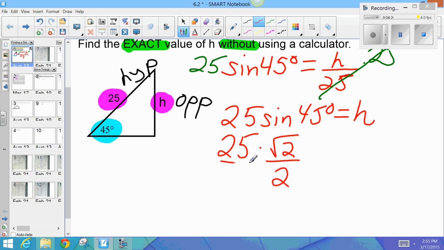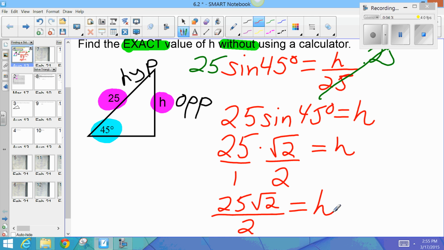That's h. In simplest form, 25 radical 2, this is top times top, bottom times bottom, that's the answer. And if you were to give me a decimal for that because you put it in a calculator, you would not get credit for the problem. All right, next problem.